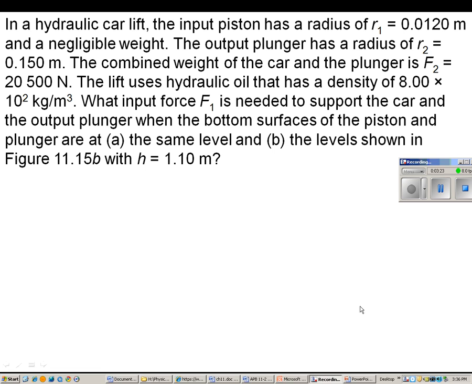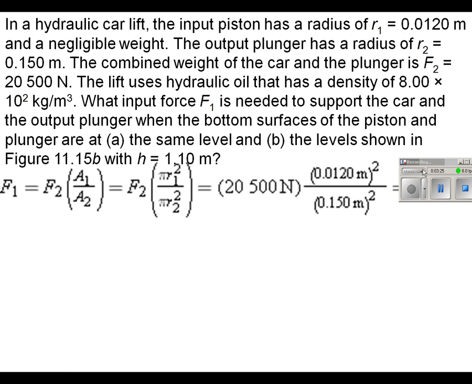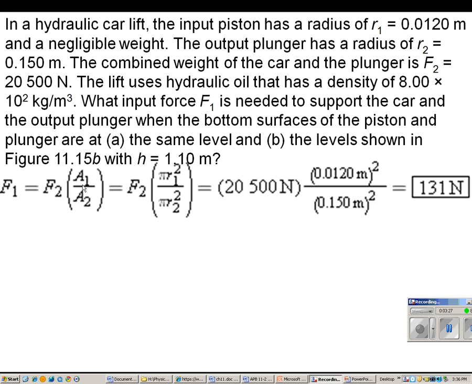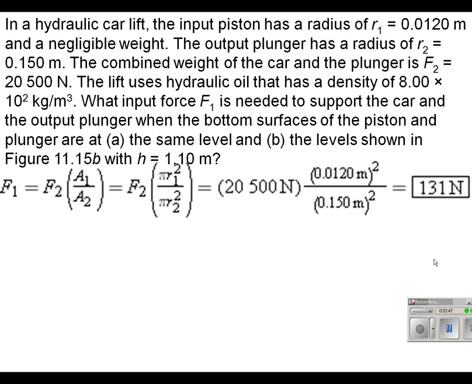So if we go back to the problem, using the equation we learned before, F1 equals F2 times A1 over A2, pi r squared over pi r squared with the different radii. Plug in our values, and by the way, the pi's cancel. Plug in all our values, and the force that we need is 131 newtons on the left-hand side.